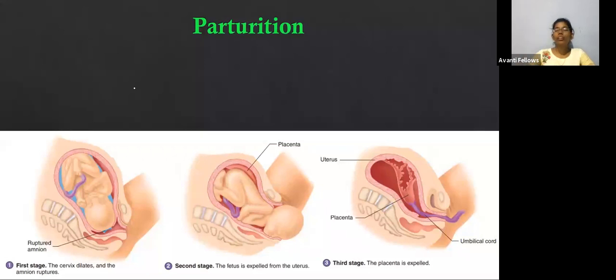And all the endometrium wall. So if the placenta is coming out, placenta is made up of what? Come on, placenta is made up of what? Yes, correct.